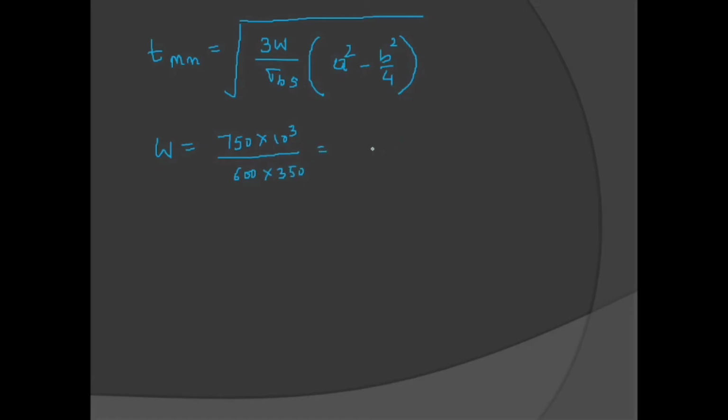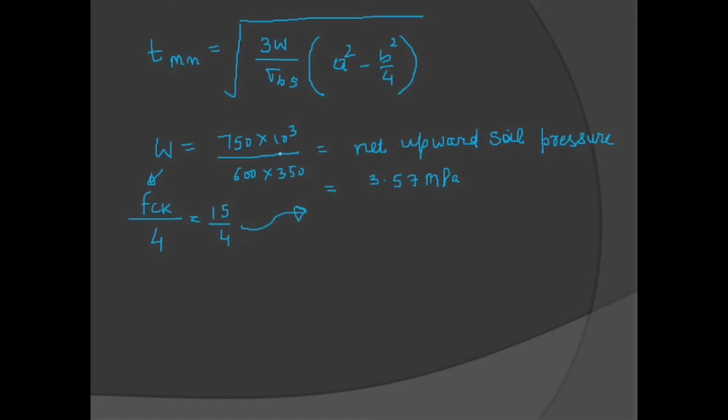So the net upward soil pressure, which depends upon the grade of concrete also, is equal to 3.57 megapascal. However, net upward soil pressure is also calculated as FCK divided by a factor of safety of 4, that is 15 by 4, which is nearly the same value.